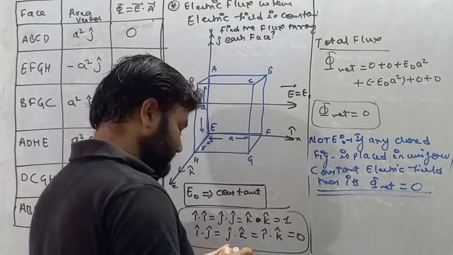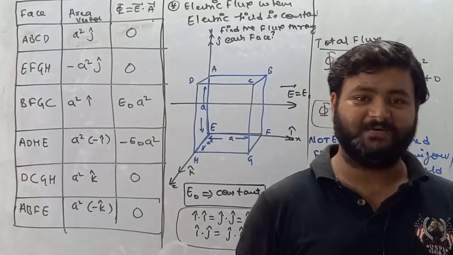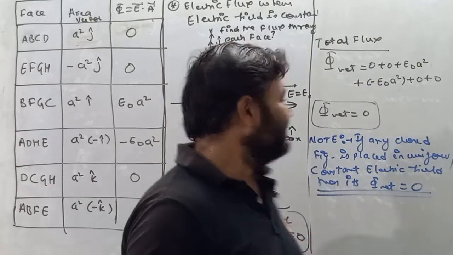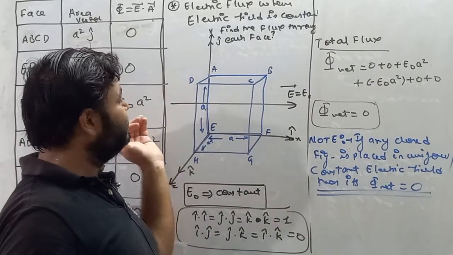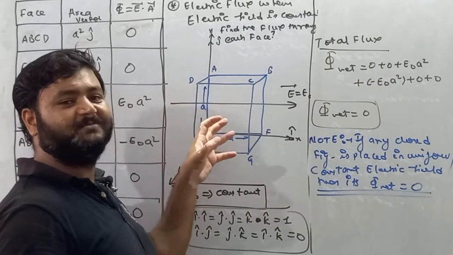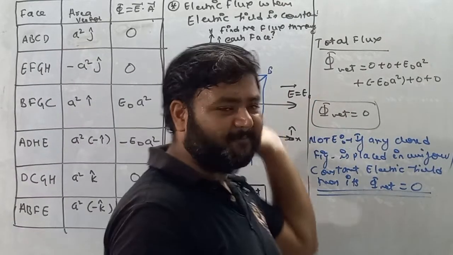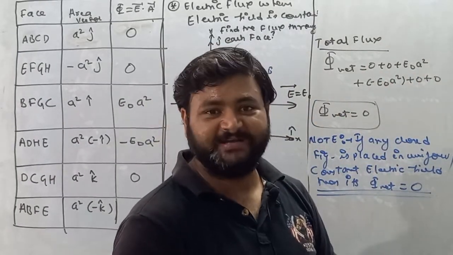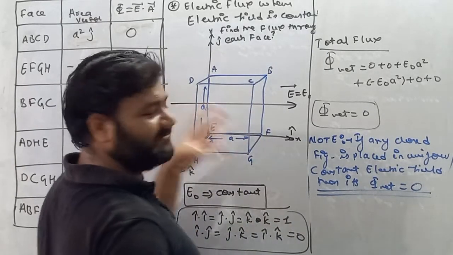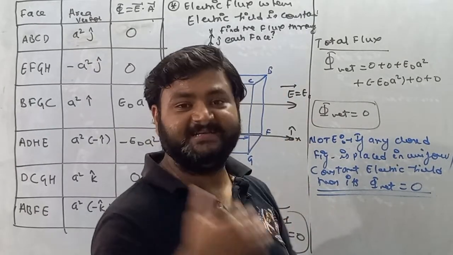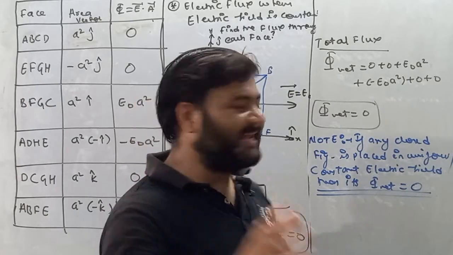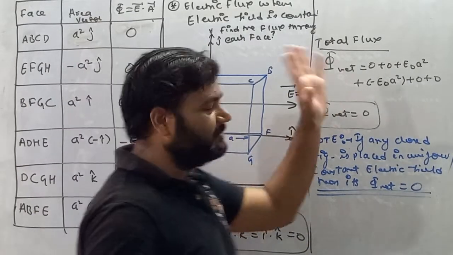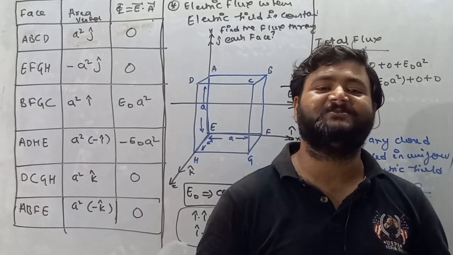And see, my dear student, if flux is 0, it implies the number of electric field lines coming inside the closed figure is equal to the number of electric field lines going away from the closed figure. That is, input electric field and output electric field are equal. If 10 electric field lines are coming, 10 go out. So flux is equal to 0.